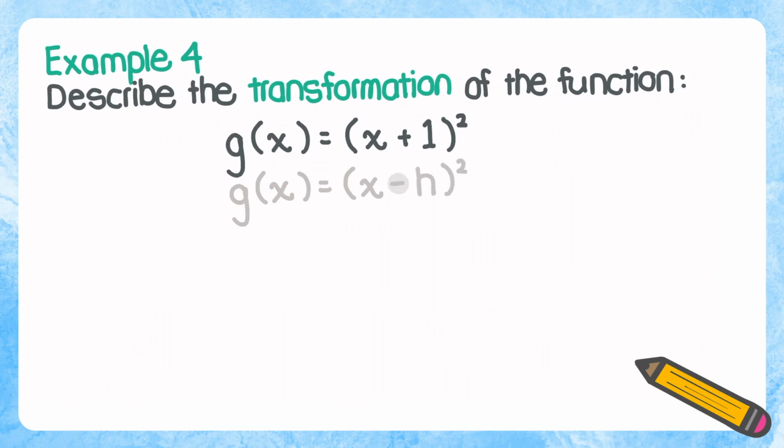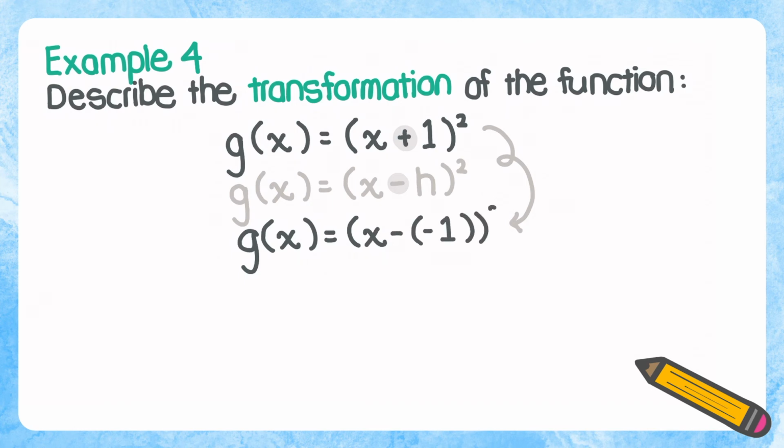Notice we do not have an exact match, so we need to rewrite the given function. g of x equals x minus negative 1 quantity squared. Now I know h is replaced by negative 1, so h equals negative 1. Since h is negative, we will move to the left.